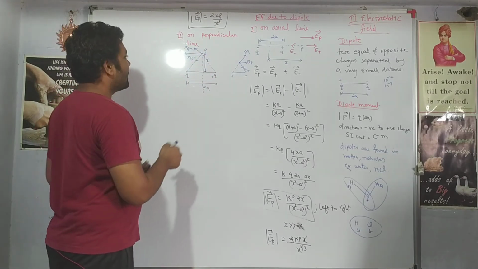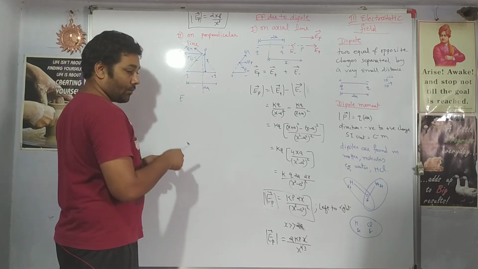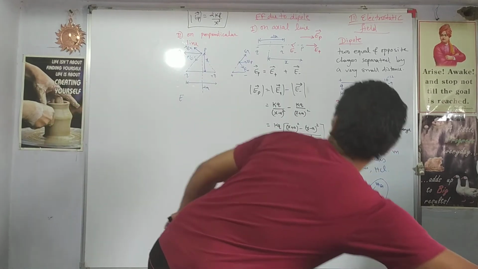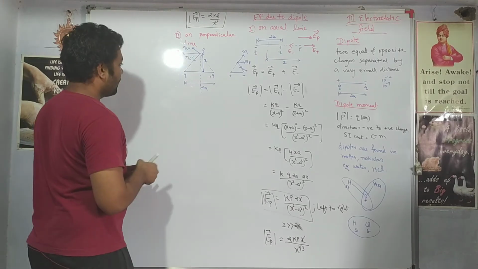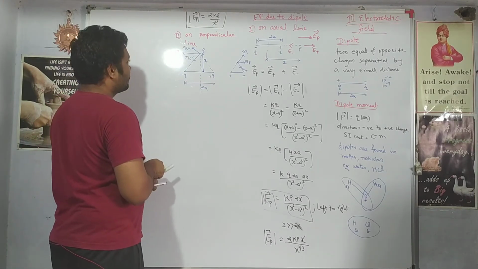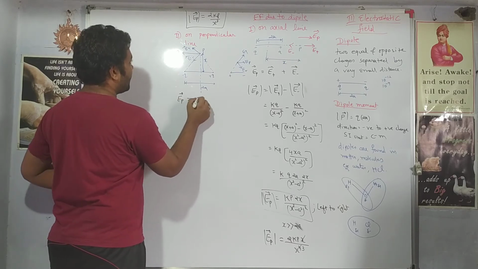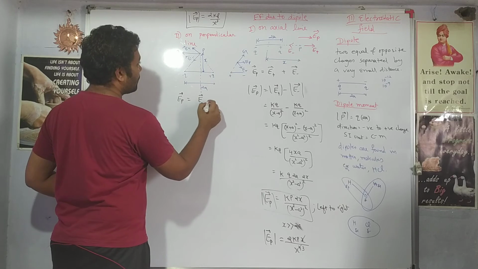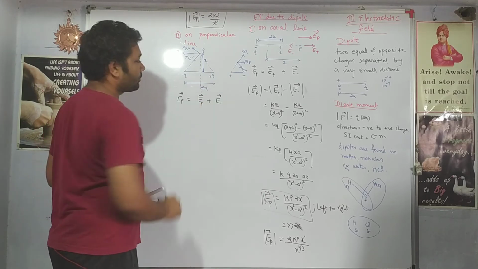We want to calculate the electric field at a point P. Since this is a vector equation, the electric field at point P is the vector sum of the electric field due to the positive charge and the electric field due to the negative charge.